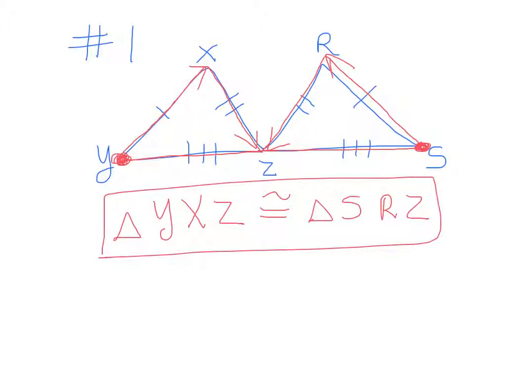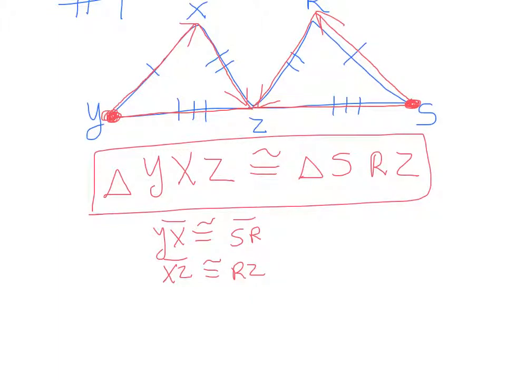No? If they were to ask me to write the corresponding parts, then I'm going to have to write every single one of them. Like, YX is congruent to SR. And then XZ is congruent to RZ. Not in this one, but later on you have to.